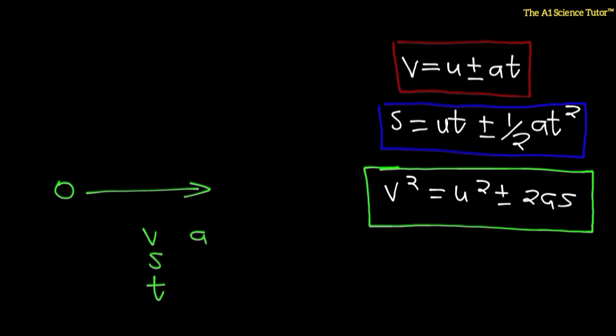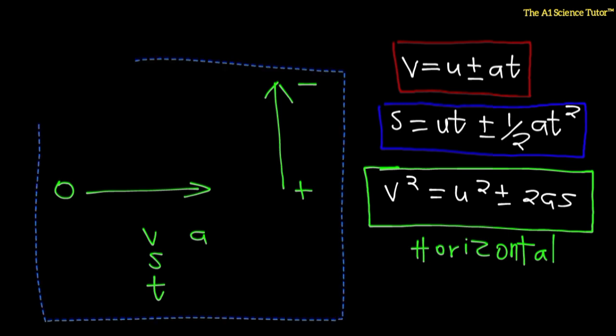But what if you had a vertical motion, a motion that might be against gravity or toward gravity? What are going to be the equations of motion that you would need to use? Now, bear in mind, these are for the horizontal motion, a horizontal rectilinear motion.